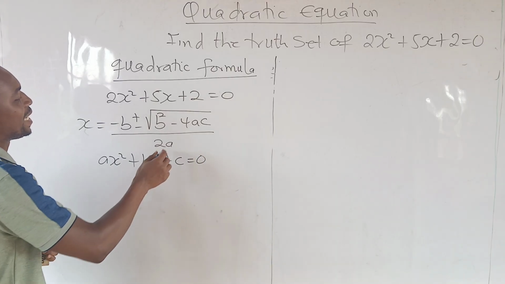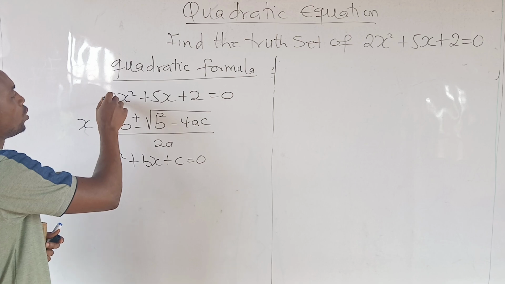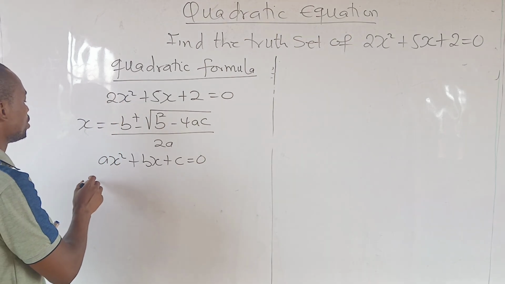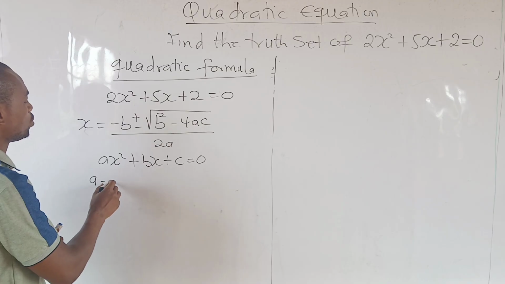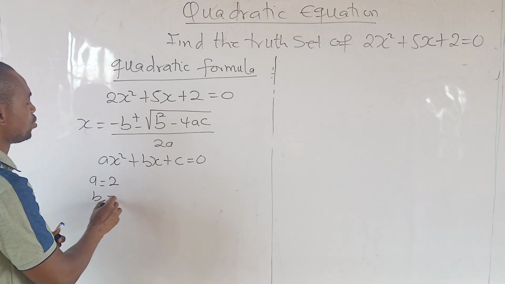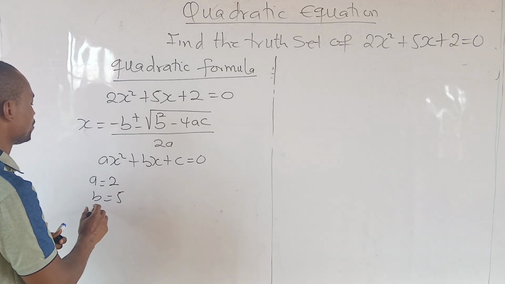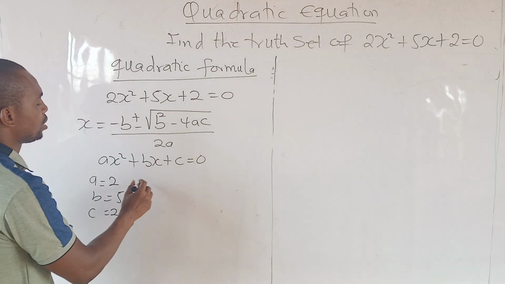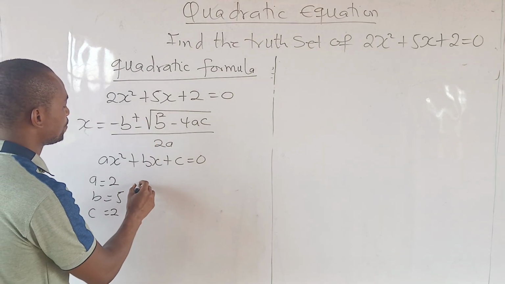So it means that the a here is equal to the 2 over here in the quadratic equation. So a is equal to 2, our b will be equal to 5, and then the c will be equal to 2. Then you substitute them into the formula. So let's write it here.